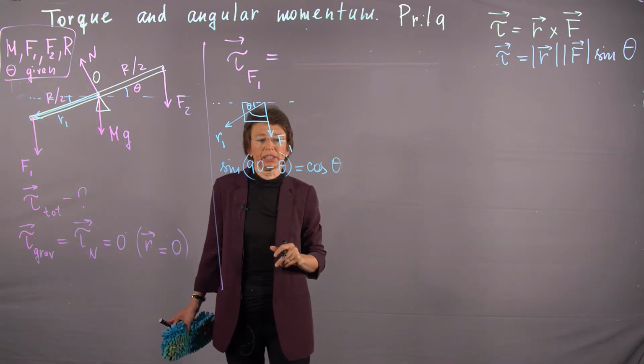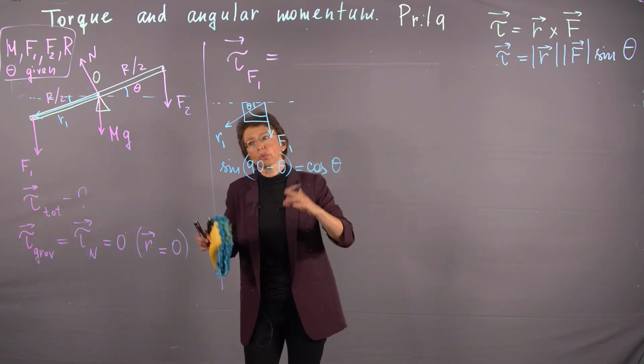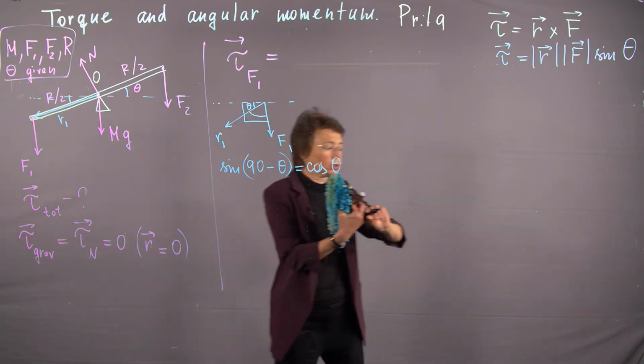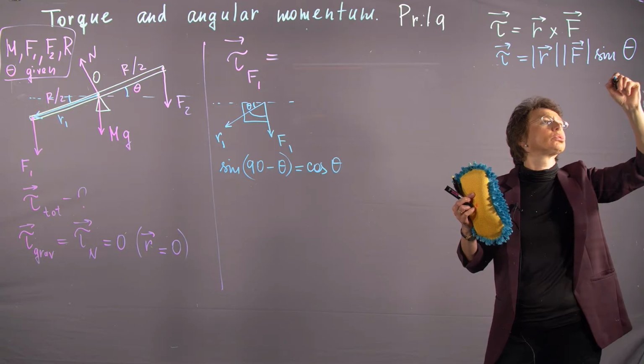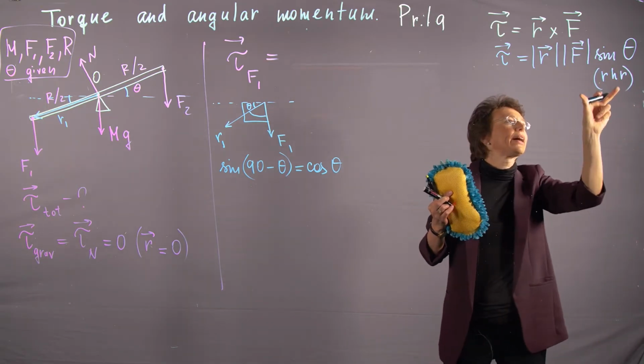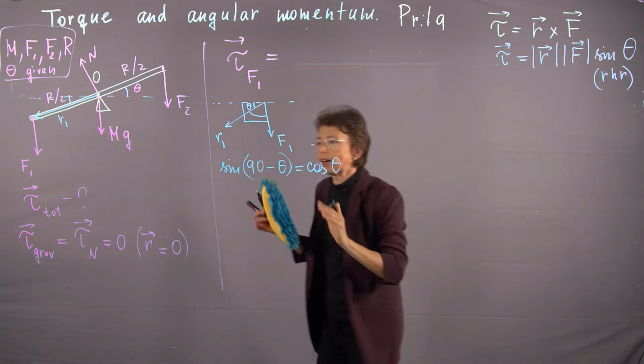Either you use a trigonometric identity, or, and that's what I would do, I just find the component of R that is perpendicular to F. I forgot the right-hand rule, so you cannot leave a vector on the left and a scalar on the right. Here comes the direction, by the right-hand rule.